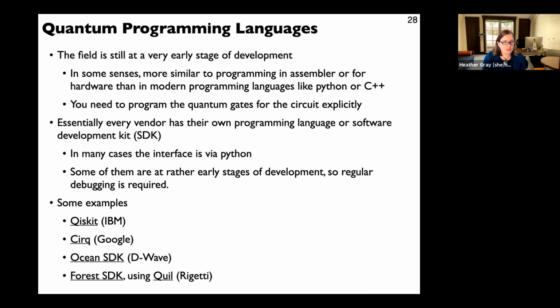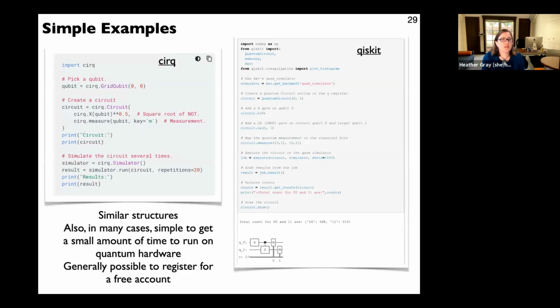Some of the examples that you can have a look at if you're interested are Qiskit, which comes from IBM. There's Cirq from Google. D-Wave has the Ocean SDK. Rigetti have Forest SDK, also using Quil. On this slide, I pulled out a couple examples to show you what it might look like. You can see it looks very familiar. It looks a lot like Python, of course.